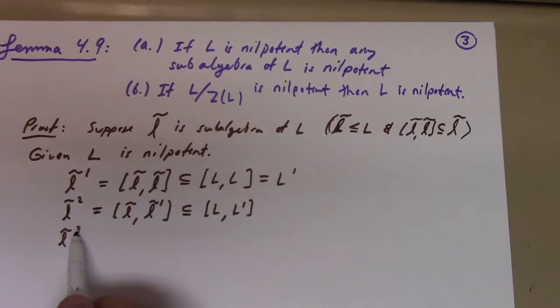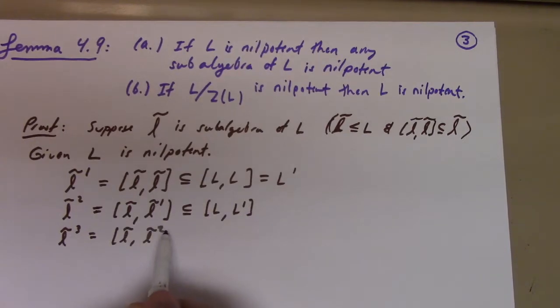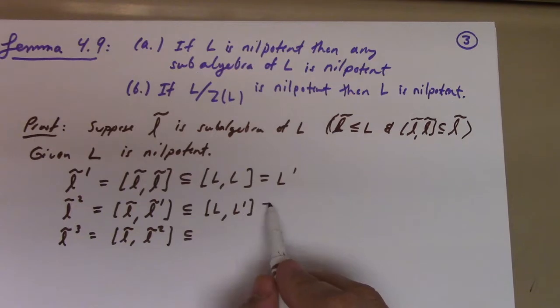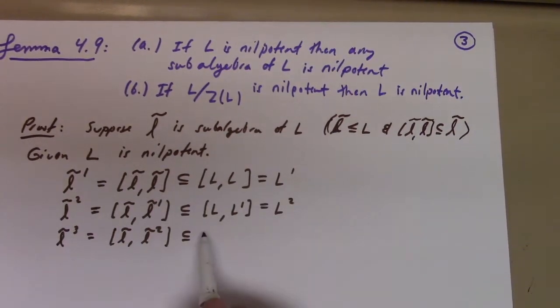And then L tilde 3 would be L tilde with L tilde 2, which would be a subset of L with L2. So L2 contains L2 tilde, so this is a subset of an L tilde contains an L.